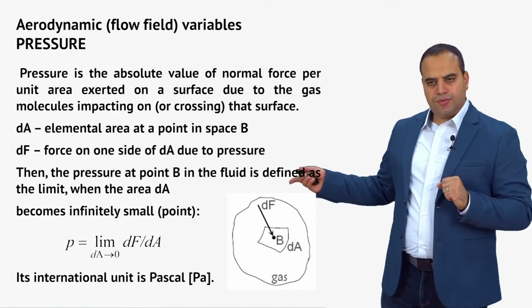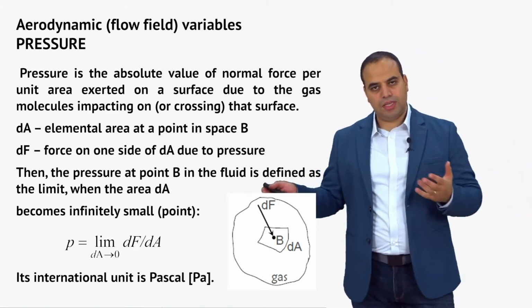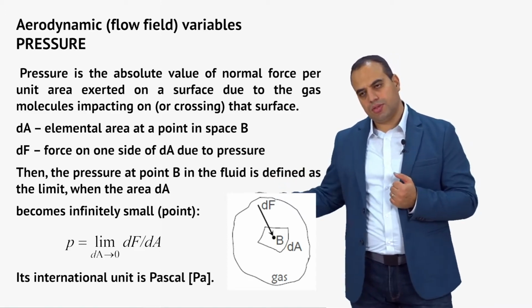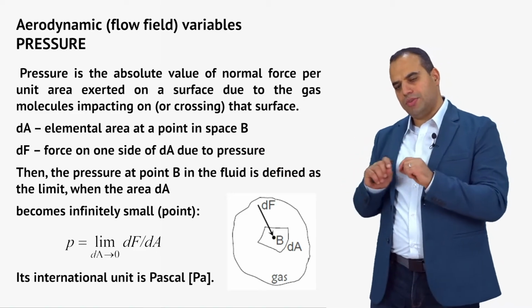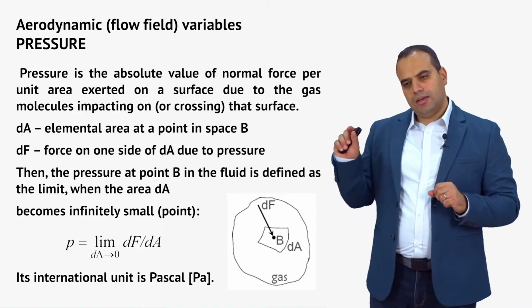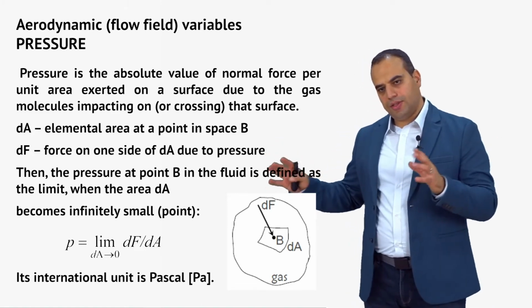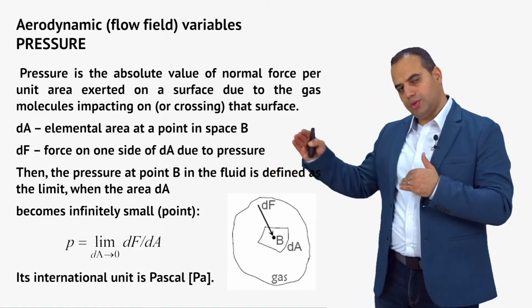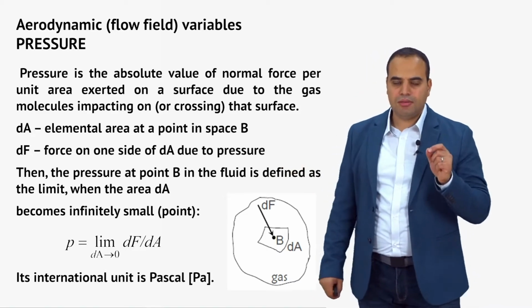In terms of how this is calculated, it's a force on a certain spot, which can be very small, like dA, a very small area. When this area goes to zero, the limit of the ratio of force divided by area gives us a point value of the pressure.